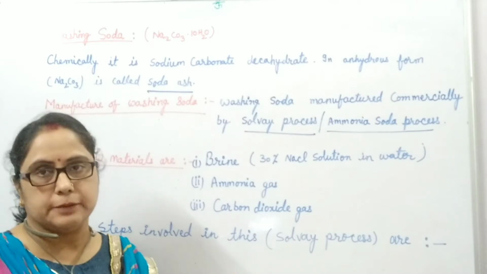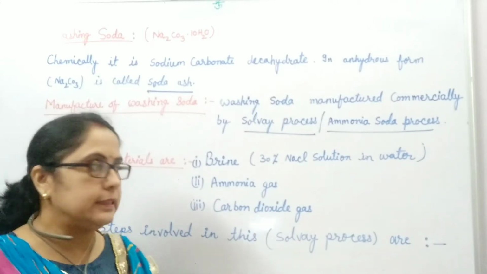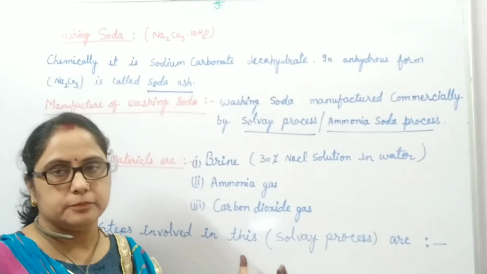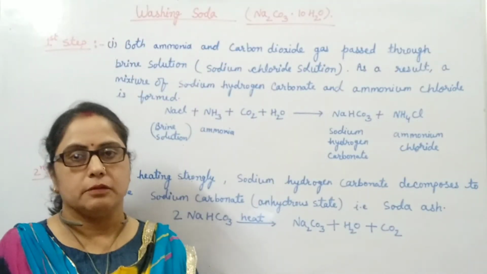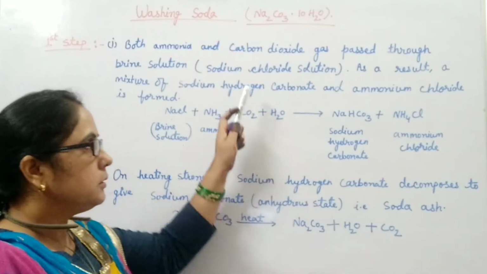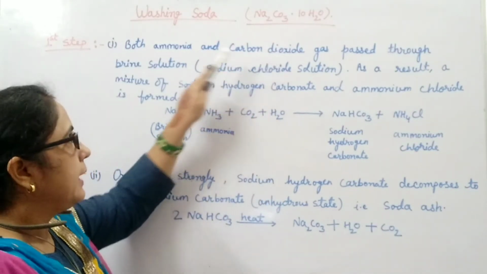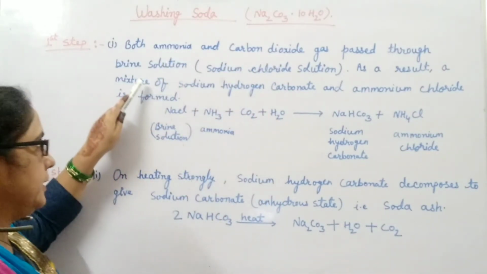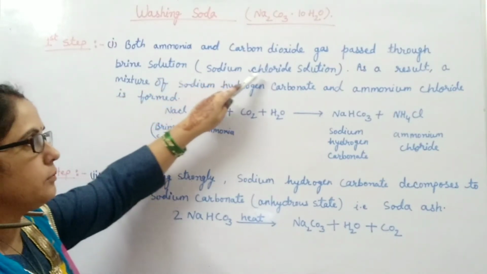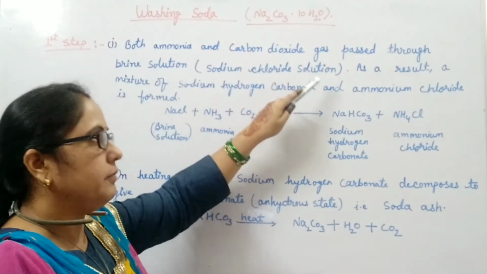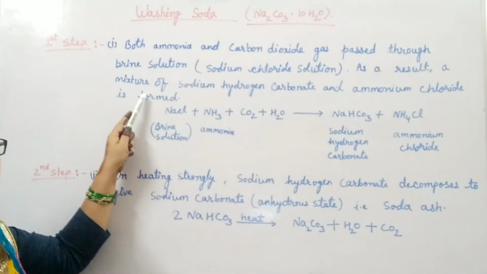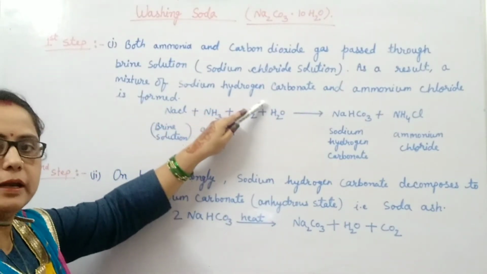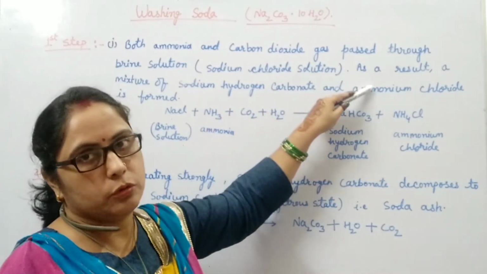The three steps involved in this process are, first of all, in the first step we pass both carbon dioxide gas and ammonia gas through brine solution, that is sodium chloride solution. When we pass these gases, we get a mixture of sodium hydrogen carbonate and ammonium chloride.